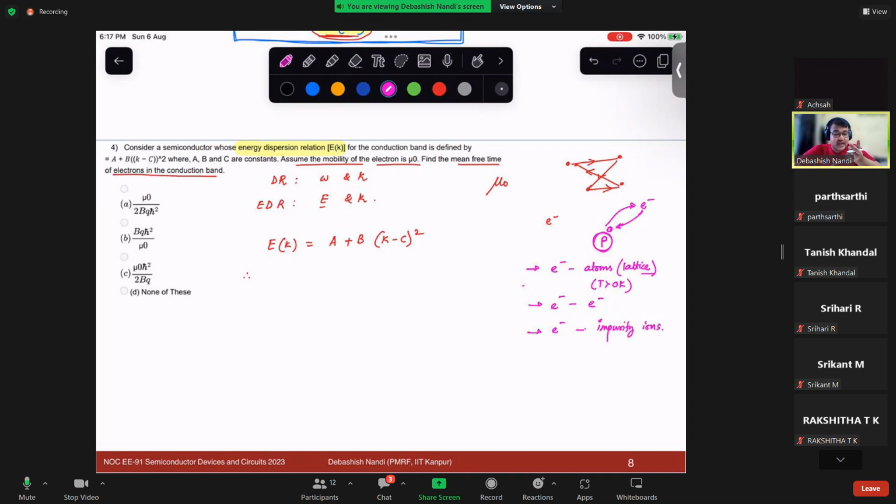The dopant ions are charged, right? So there is an electric field around them. Whenever an electron passes nearby, it gets attracted or repelled, so that kind of scattering is also there. These things introduce this randomness, or these collisions. So these are random phenomena.